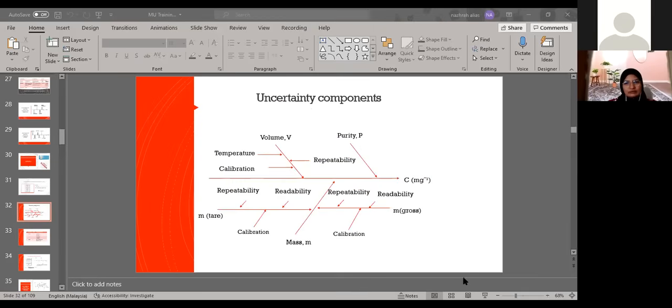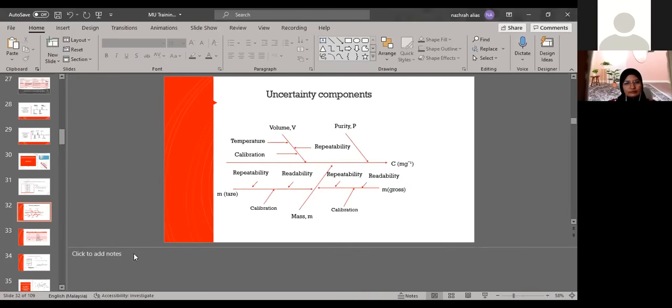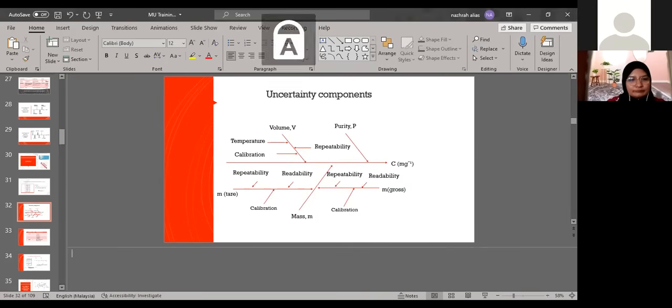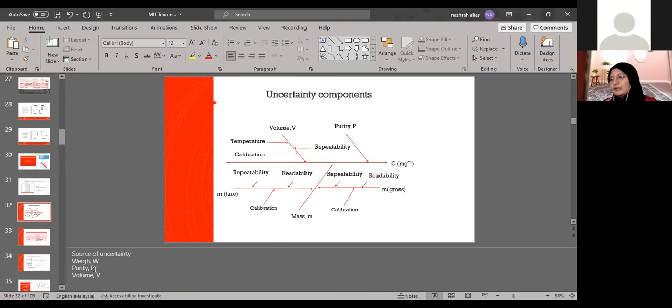Okay, so weight is a source of uncertainty. This one is a source of uncertainty, and this one is B. First, we draw the straight line here, because we have sources of uncertainty: weight, purity, and volume. How do I write this? Okay, I will try. So we draw the straight line.